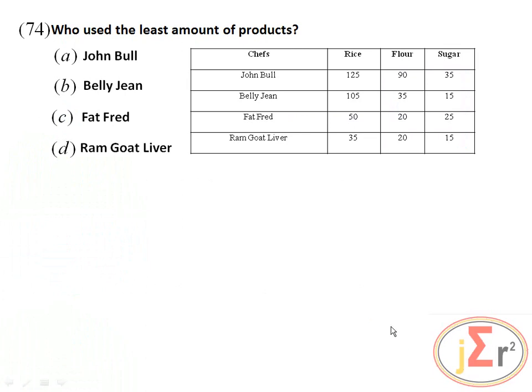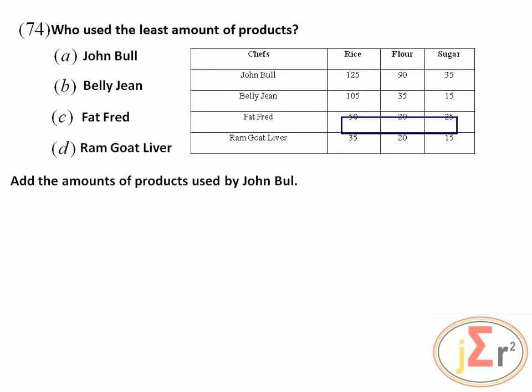So this question is asking, who used the least amount of products? So what do we do then? To find out who used the least amount of product, let us go to John Bull first, and we are going to add and find the total of the product that is used by him.